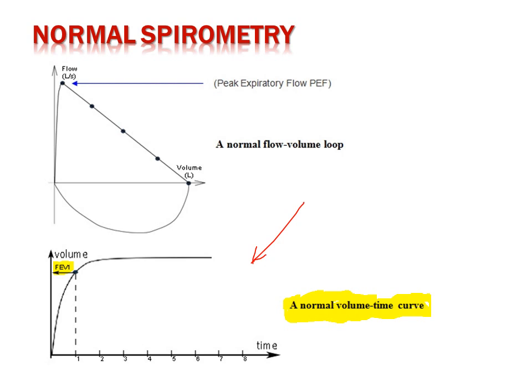This volume will be used to measure the FEV1 when we divide it by the forced vital capacity to obtain the ratio. We said before that this parameter is very important for the diagnosis of obstructive lung diseases.